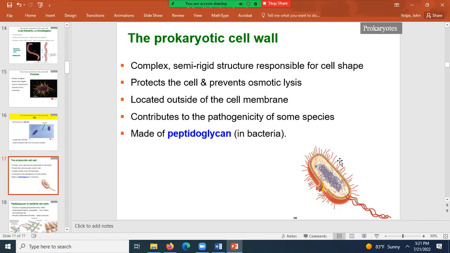But the cell wall is external to the cell membrane, but it is considered a part of the cell. The glycocalyx, which is outside the cell wall, is considered external to the cell.